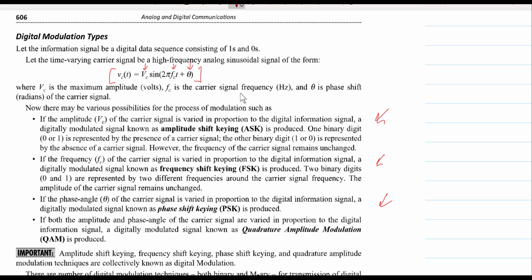And therefore, when we vary the amplitude, we achieve ASK. When we vary the fc, we achieve FSK. And when we vary the phase, we achieve PSK. So that is purely what this statement says.